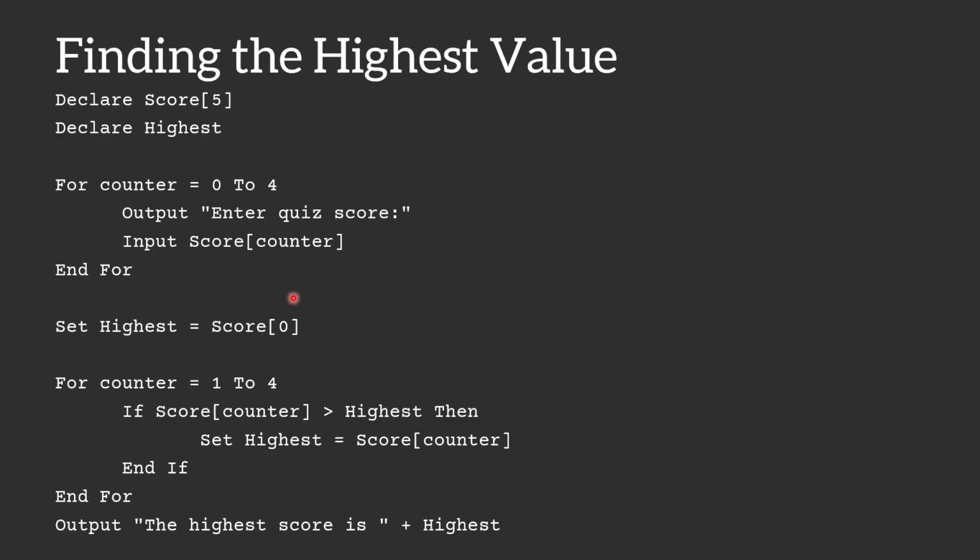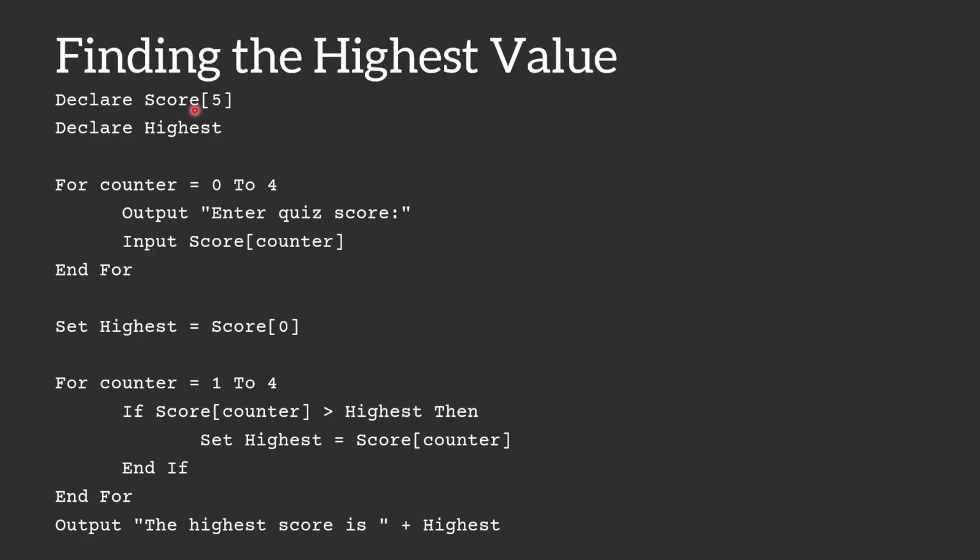The first thing that we do is declare the variables. Score 5 is going to create the array with 5 boxes so that we can store the quiz scores. The valid index positions, remember, start with 0, so it's going to be 0, 1, 2, 3, and 4.